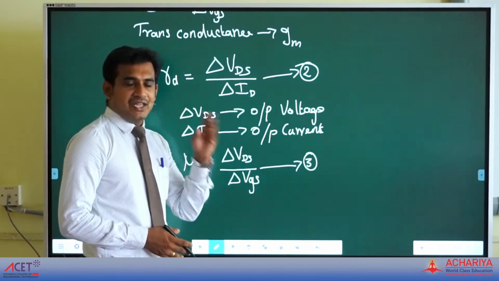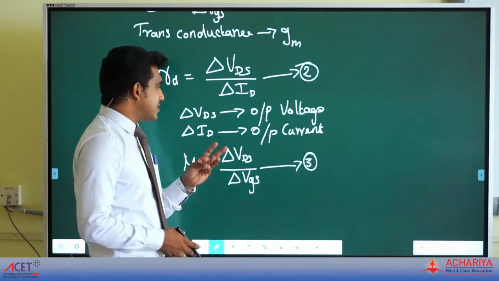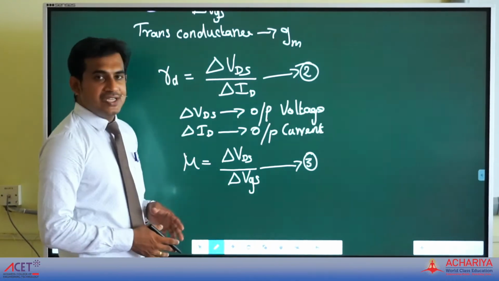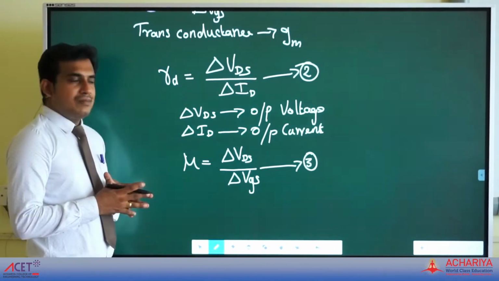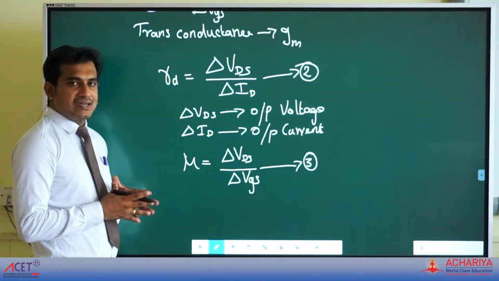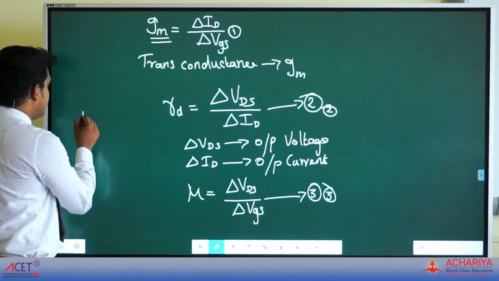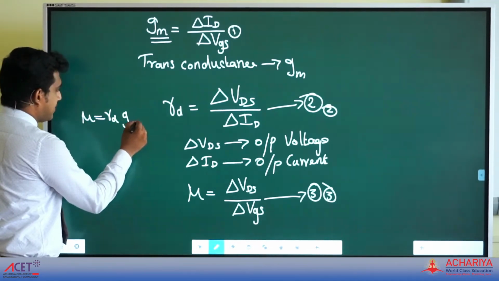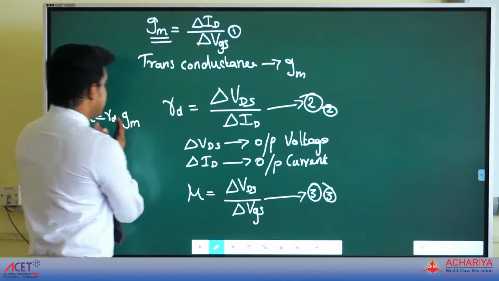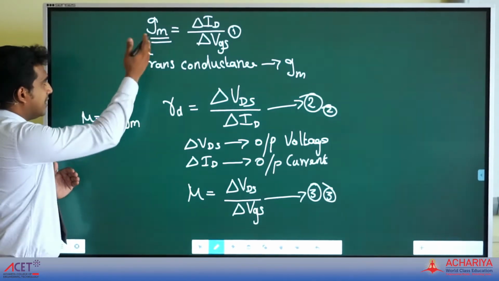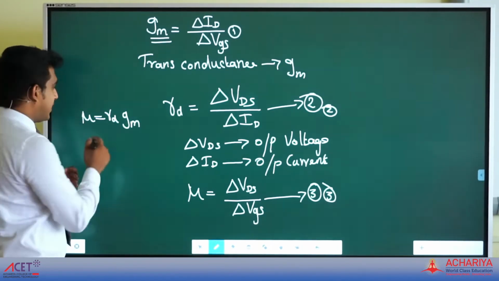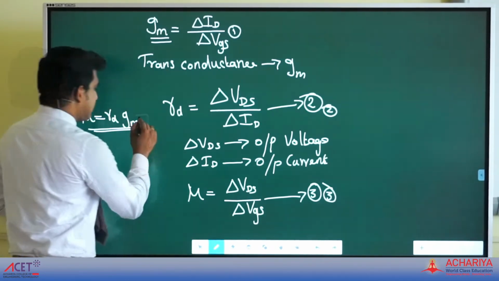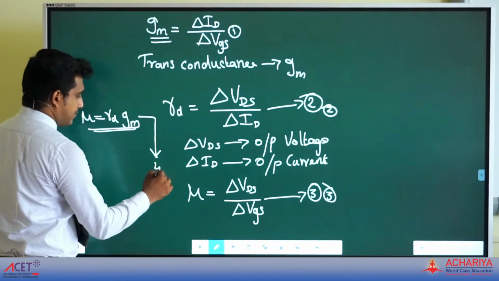We have taken three parameters: mu, the amplification factor, rd, the internal drain resistance, and gm, the transconductance. By using these three equations we can write mu is equal to rd into gm. Consider this equation as equation number 4.